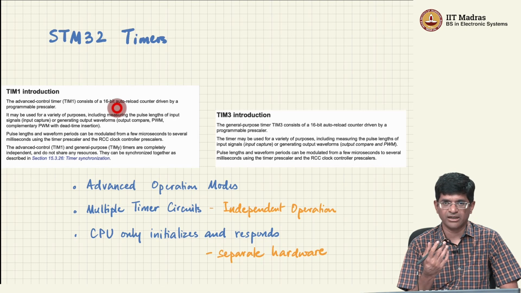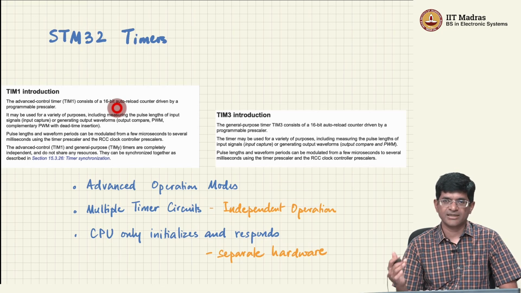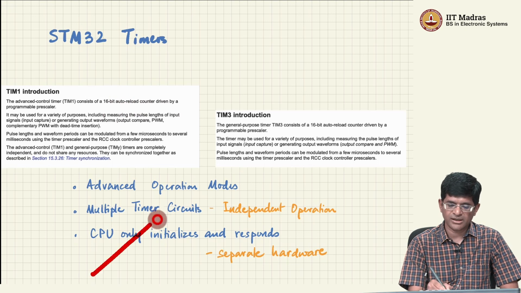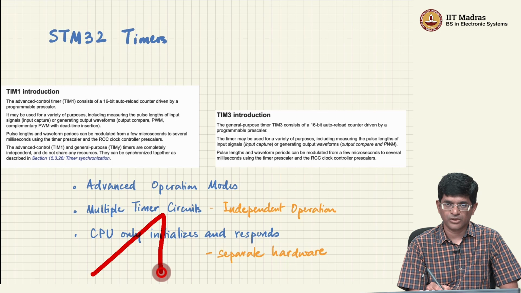I can take that 48 megahertz, prescale it down to a lower frequency, and then tell the timer, hey, use this prescaler and then use this as the period of the timer, right? What does the period of the timer do? It basically says that it will count up to a certain value and then reset, okay?